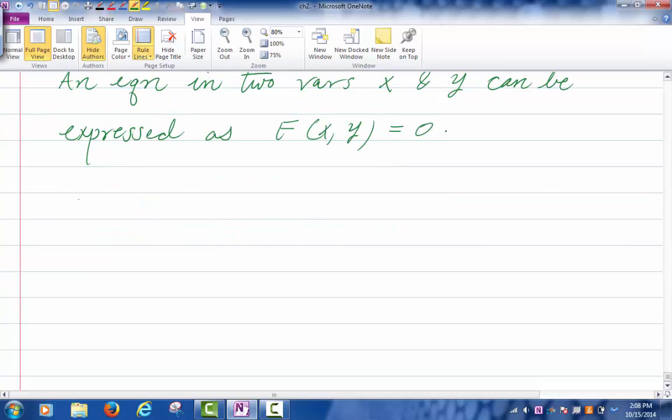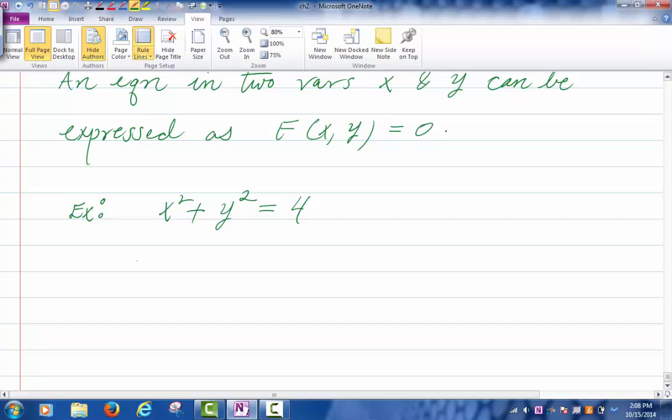So for example, let's say the equation of the circle of radius 2 centered at the origin.